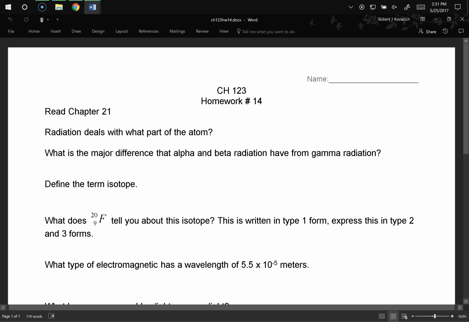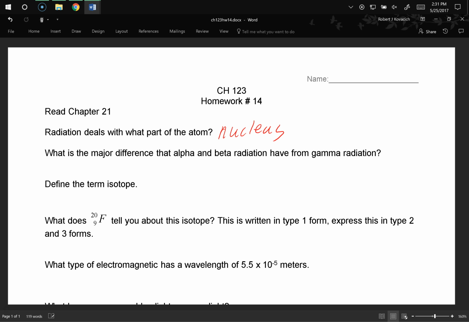Okay, this first one? Major difference between alpha and beta? That's not the major difference.